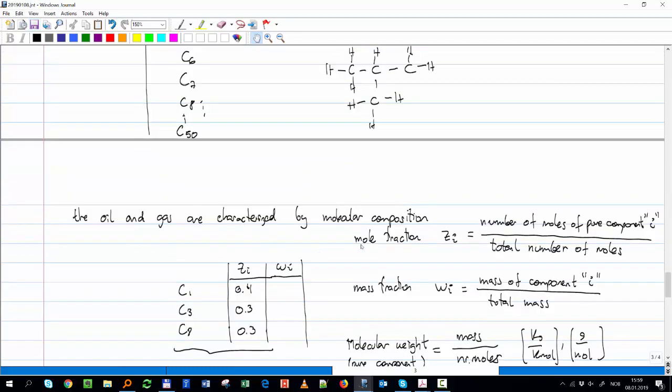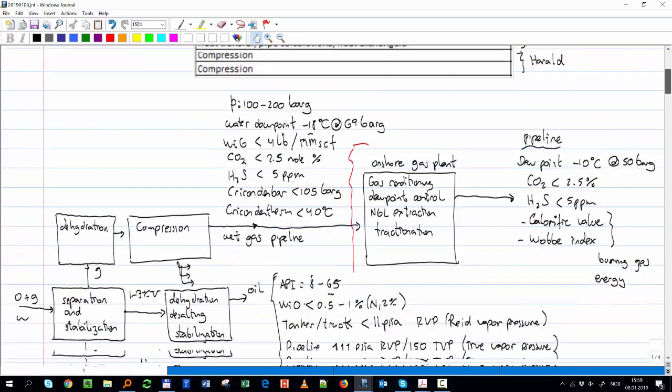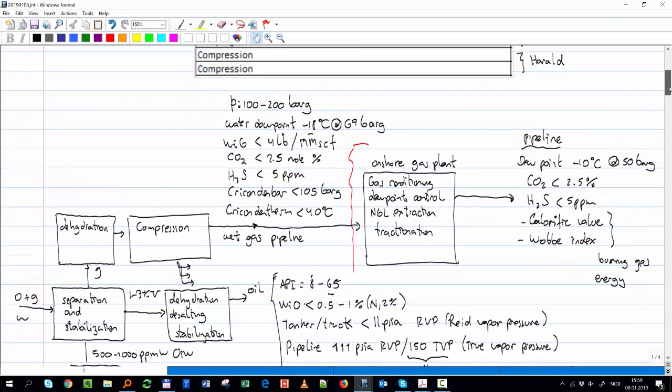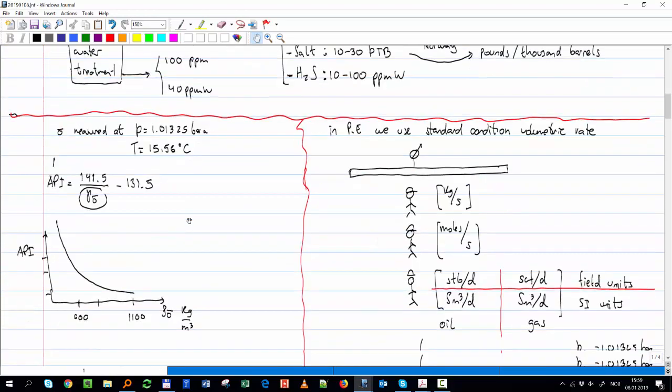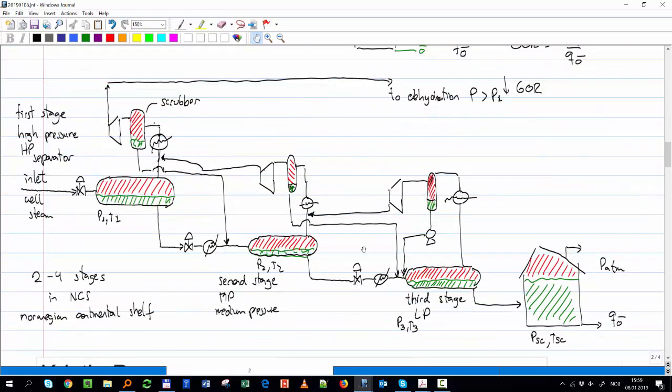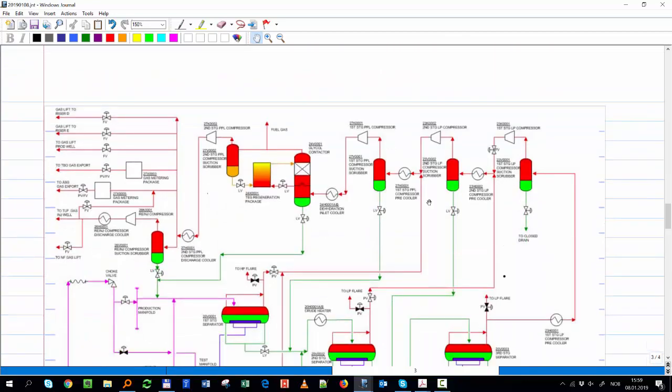I think that's all I had for today. To summarize, we covered the specs in some positions of these boxes. Then we came into the multi-stage separation. That's the core, and it's very simple, simply a bunch of separators. We saw some diagrams of how it looks.